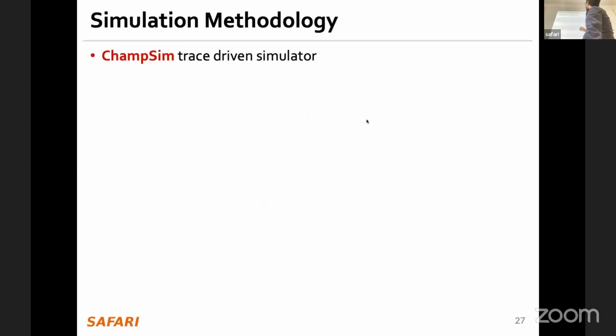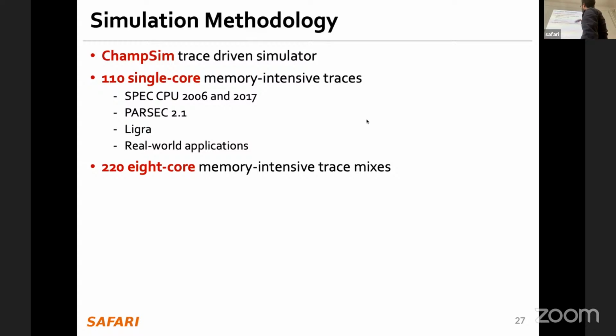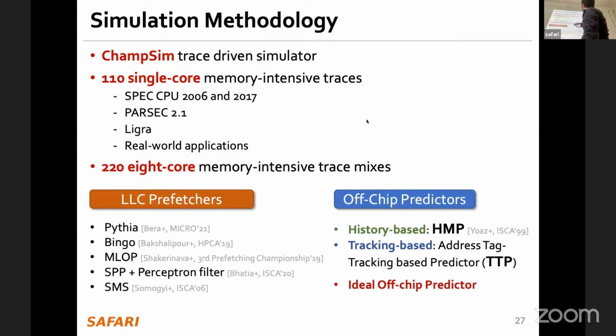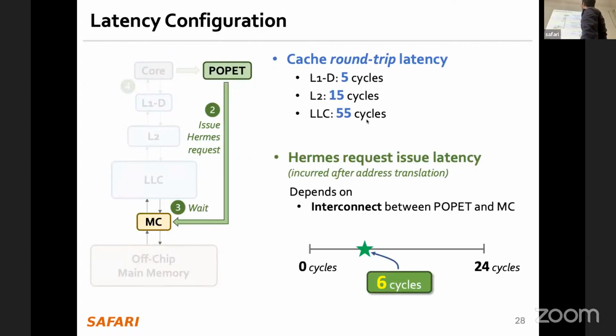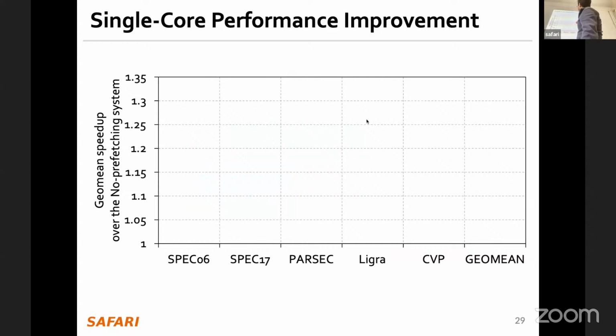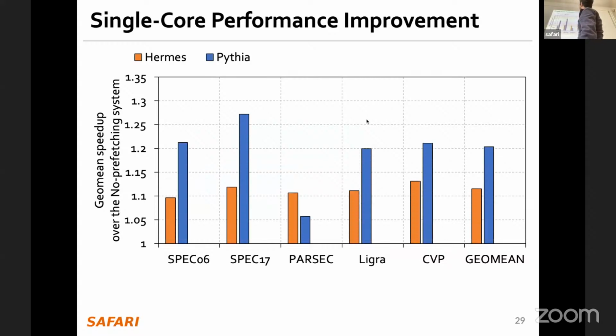We evaluate this idea on a trace-driven simulator using a wide range of traces, and we have also evaluated against a large number of LLC prefetchers as well as off-chip prediction techniques, and we have certain considerations regarding the latencies that we are using for this evaluation. Let me quickly go through the performance numbers.